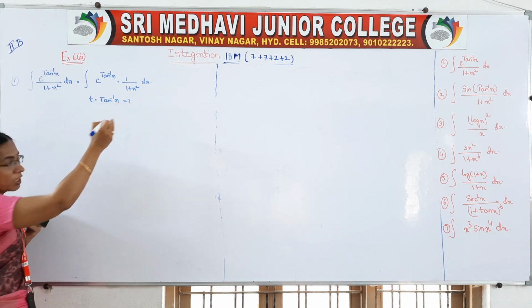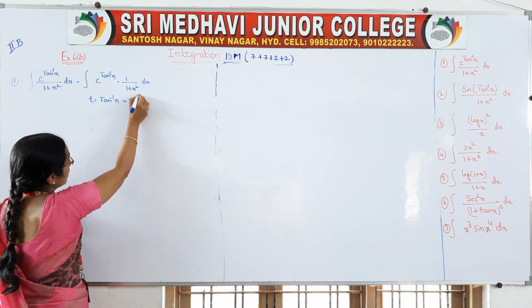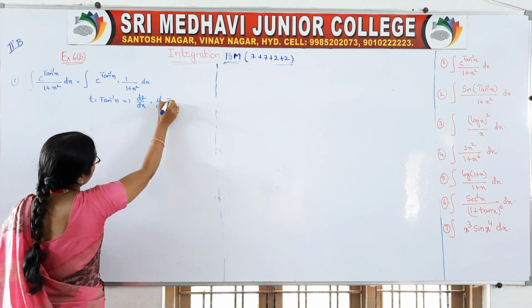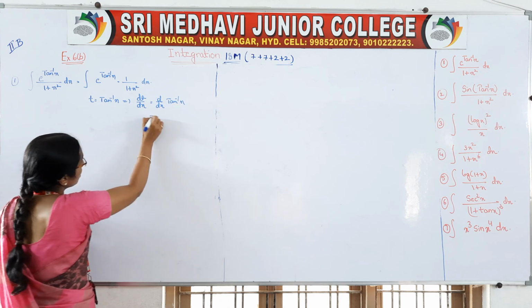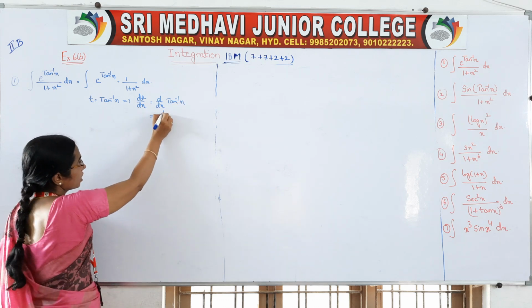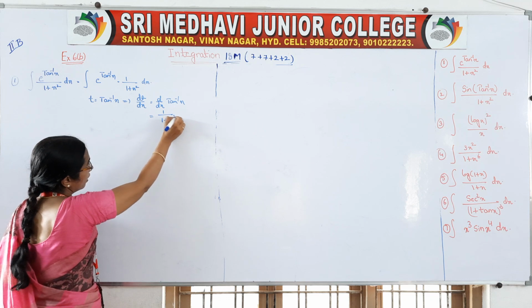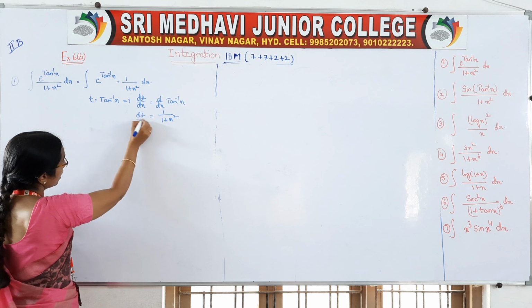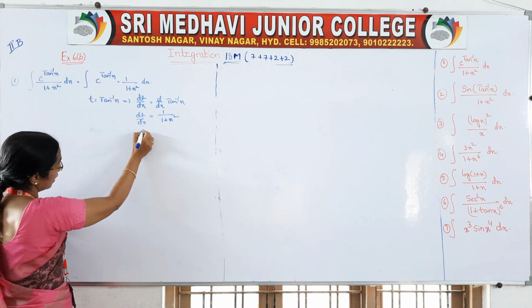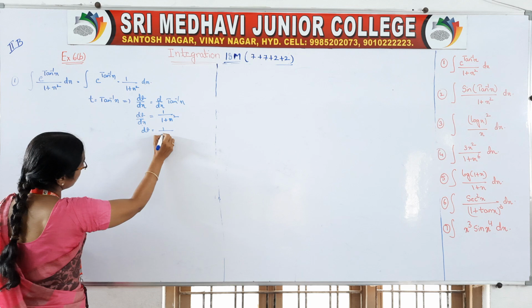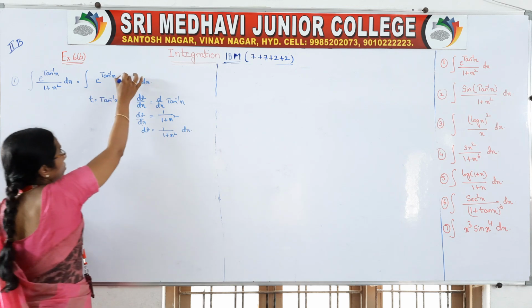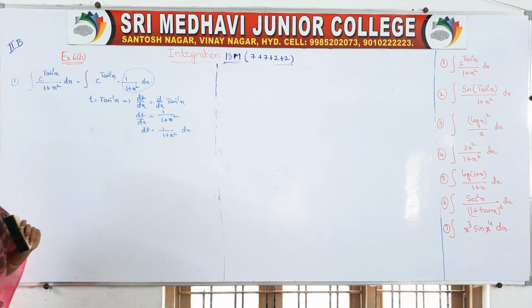Differentiate with respect to x on both sides. dt by dx is equal to d by dx of tan inverse x. You know it very well, d by dx of tan inverse x is 1 by 1 plus x square. So this is your dt by dx. Send dx to that side: dt is equal to 1 by 1 plus x square into dx. See, you got this value as your dt if you take t is equal to tan inverse x.